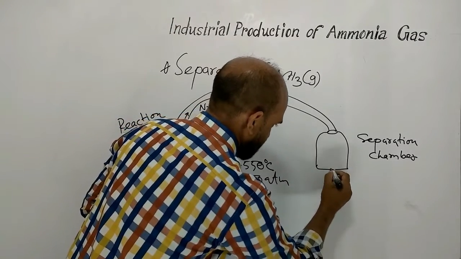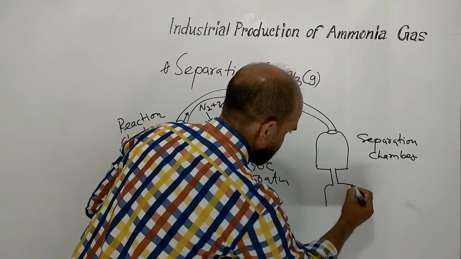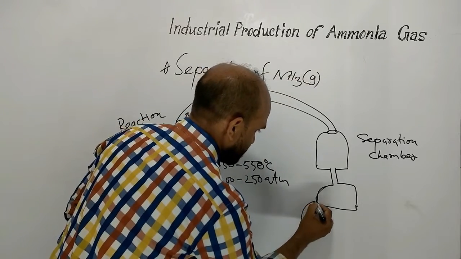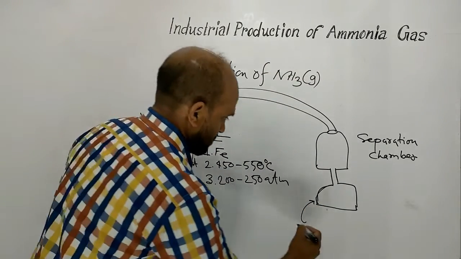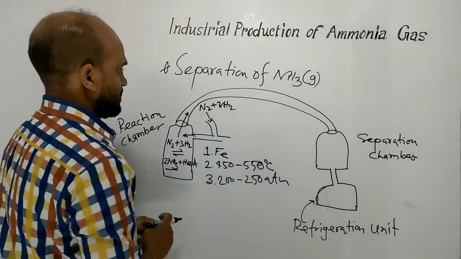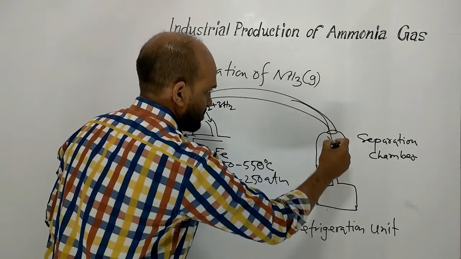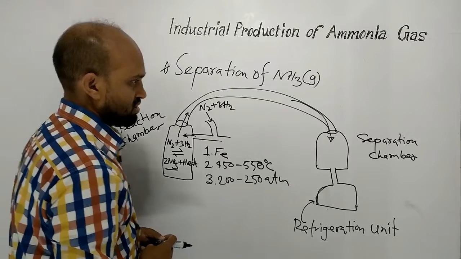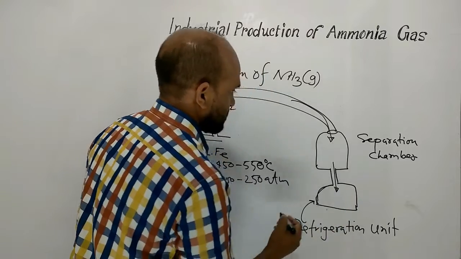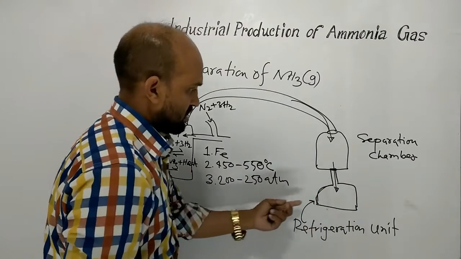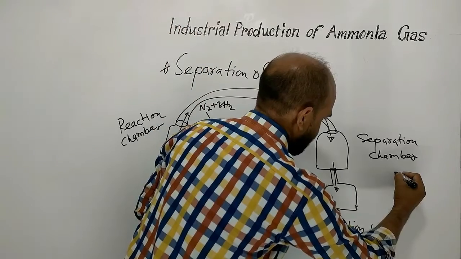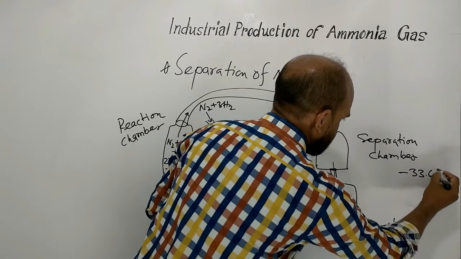Here another portion is added, which is known as the refrigeration unit. This gas is taken to this separation chamber and ultimately taken to this separation unit, and here the temperature is decreased to minus 33.6 degrees Celsius.